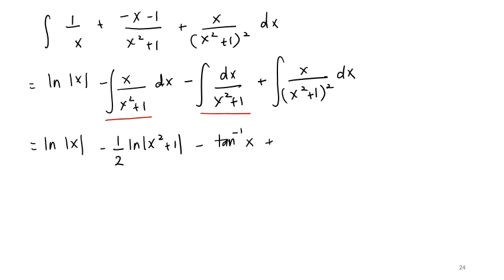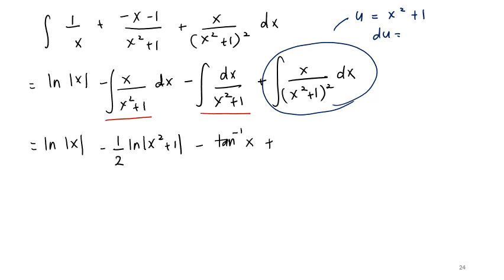But the last one here, you need to do a u substitution. Let u equal x squared plus 1. Thus du equals 2x dx, thus x dx equals du over 2. Thus you get the integral of 1 over u squared times du over 2, which is 1 over 2 times the integral of 1 over u squared du.